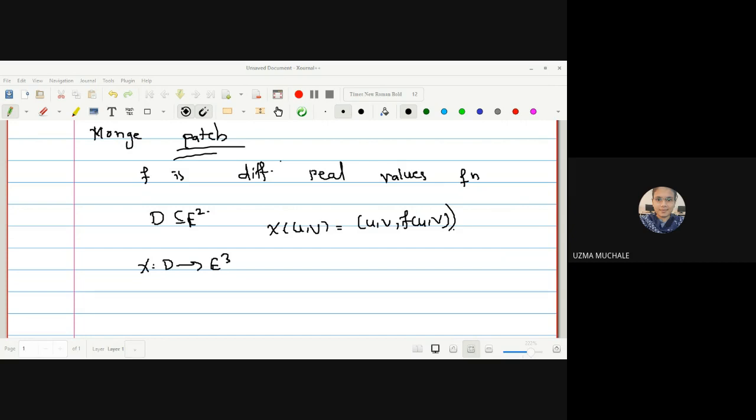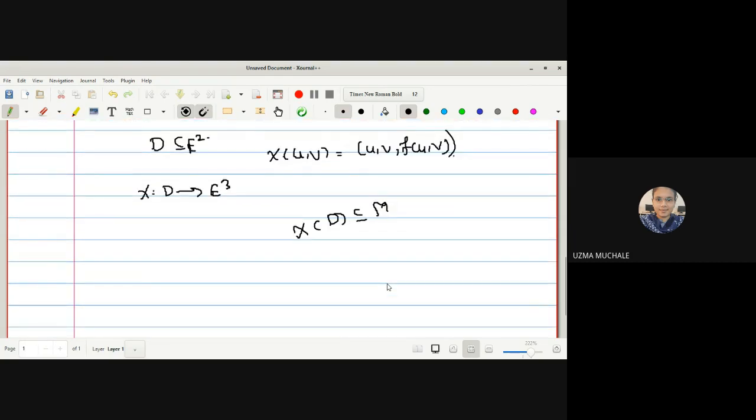Now, a surface M is called a simple surface if and only if there is a Monge patch such that x of d is equal to m. Mostly we say that x of d is a subset of m. But the surface is called a simple surface if we have a Monge patch in such a way that x of d is equal to m.